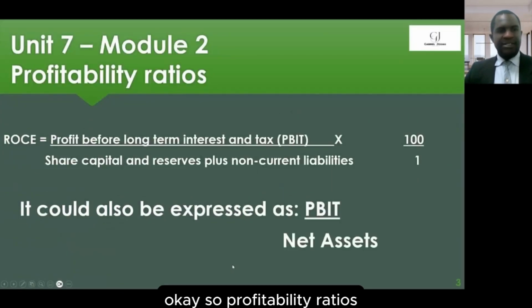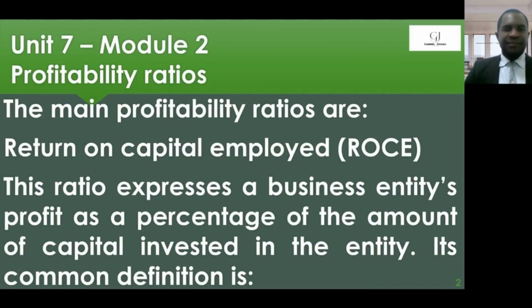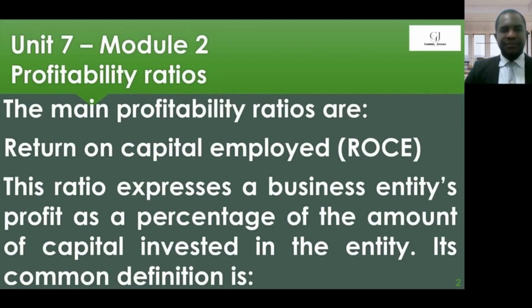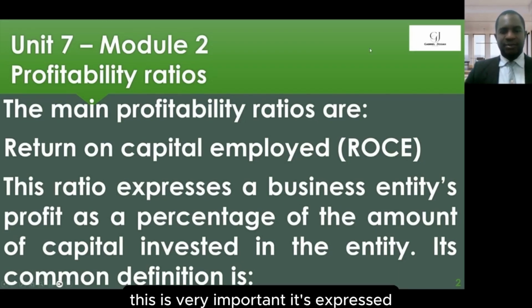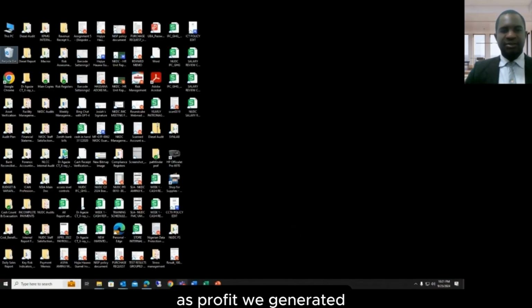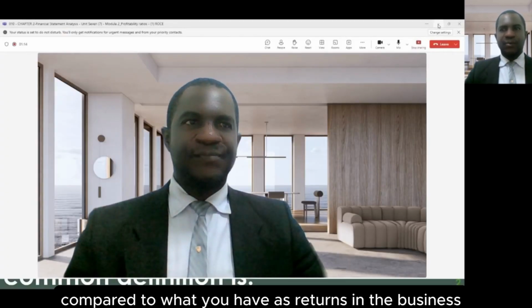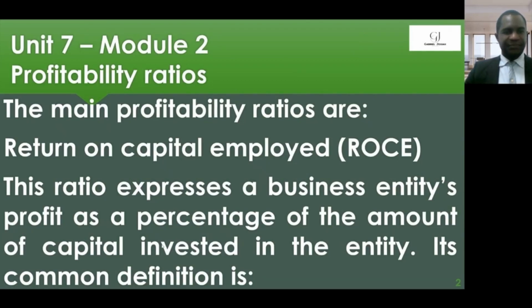Okay, so profitability ratios. This ratio is expressed as the profit you generate from a business compared to the capital you invested. This is very important. It's expressed as the profit you generated compared to what you have as returns in the business.